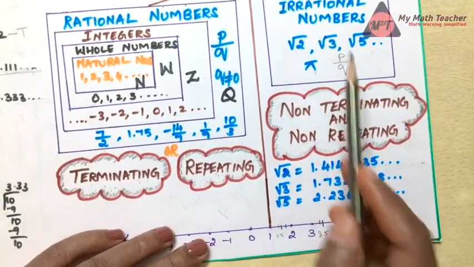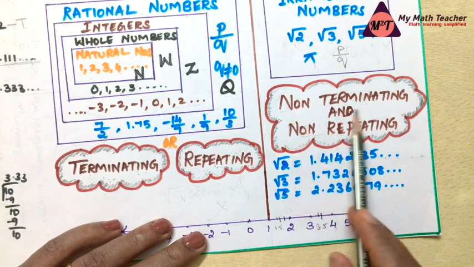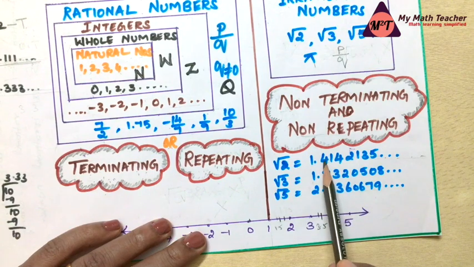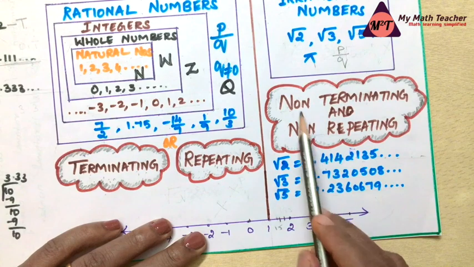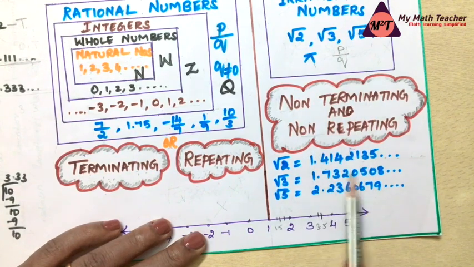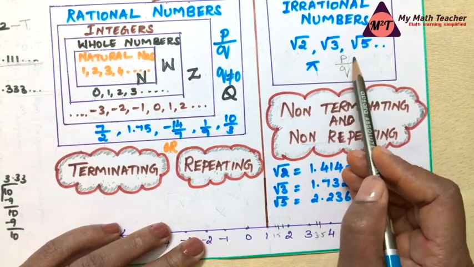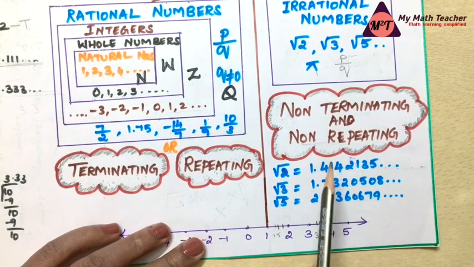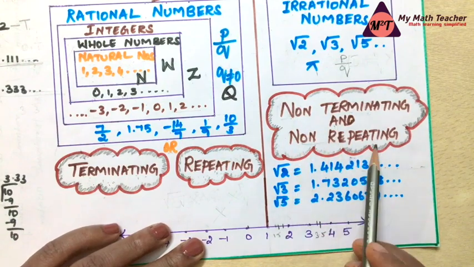For example, root 2. The value of root 2 is 1.4142135. You can notice here that the digits will not be repeating at all. The same number will not repeat and also the division will never come to an end. So irrational numbers are the numbers which cannot be expressed in p by q form and their property is non-terminating and non-repeating.